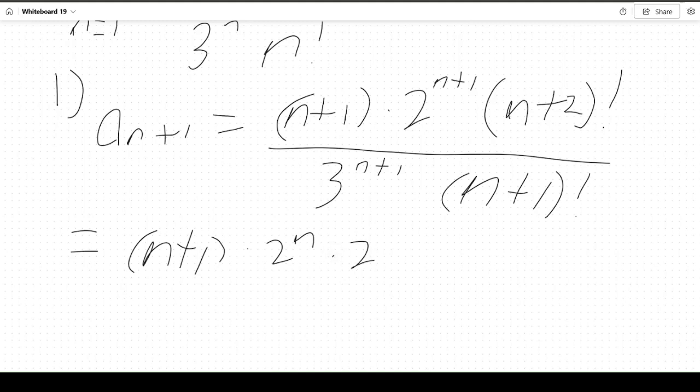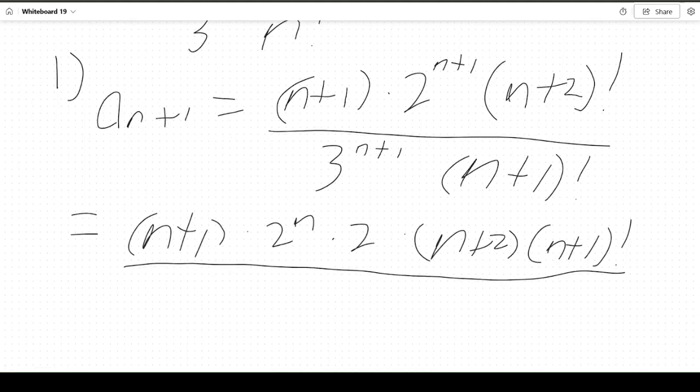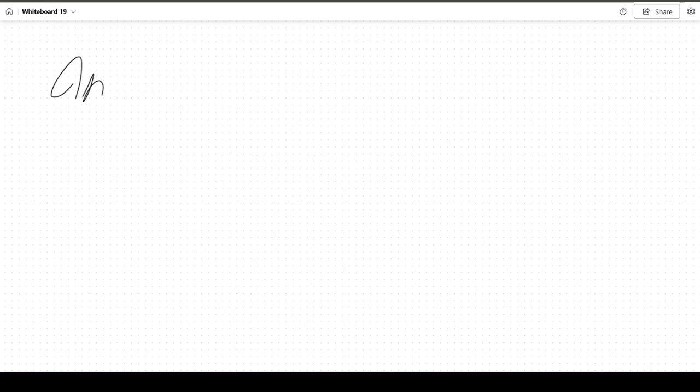Then we are left with n plus 2 times (n plus 1) factorial, because when we distribute the factorial, it will always be minusing 1. And then we've got 3n times 3. Then we've got (n plus 1) times n factorial. This we're going to put in our equation.